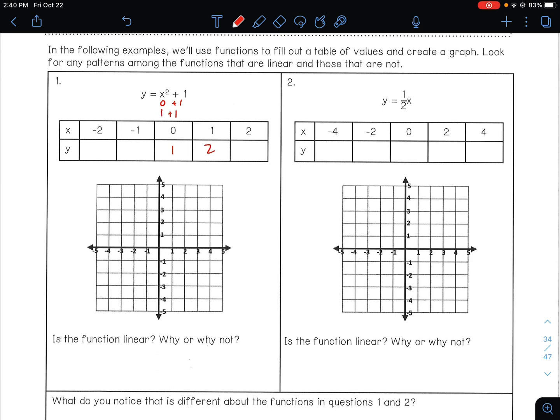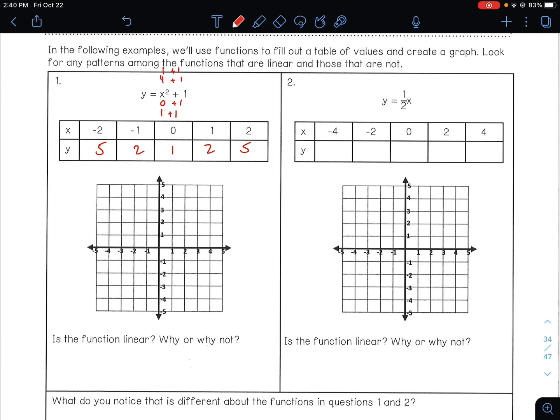If x is 2, then x squared is 4, and 4 plus 1 is 5. If x is -1, -1 times -1 is still 1, plus 1 is 2. And if x is -2, -2 times -2 is positive 4, and 4 plus 1 is 5.